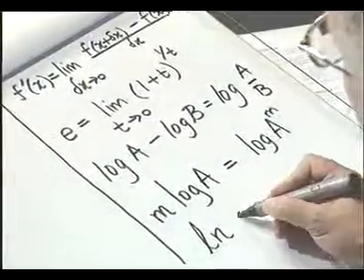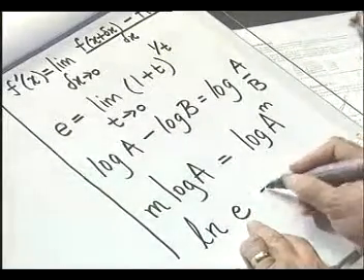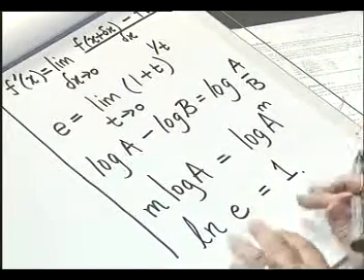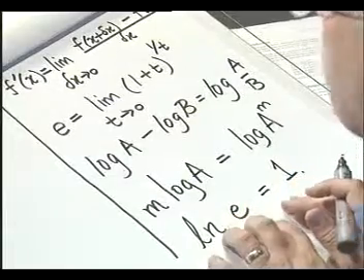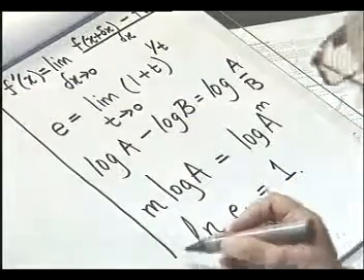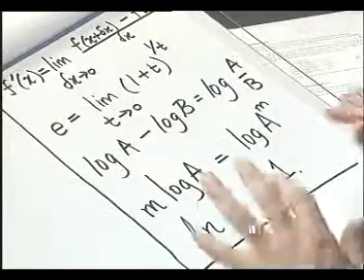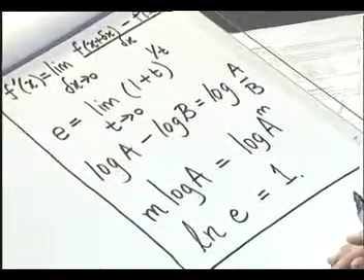These are two laws of logarithms, and if you're not familiar with those, then you should go back and look at the unit on laws of logarithms. One final result, we need to know that the natural logarithm of the exponential constant e is 1. And again, you'll find information about that on the unit on logarithms. So all those things we'll need as we start to differentiate this function here.